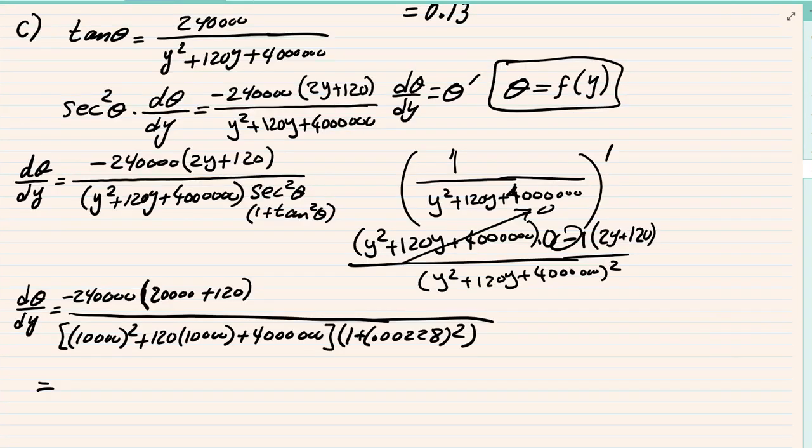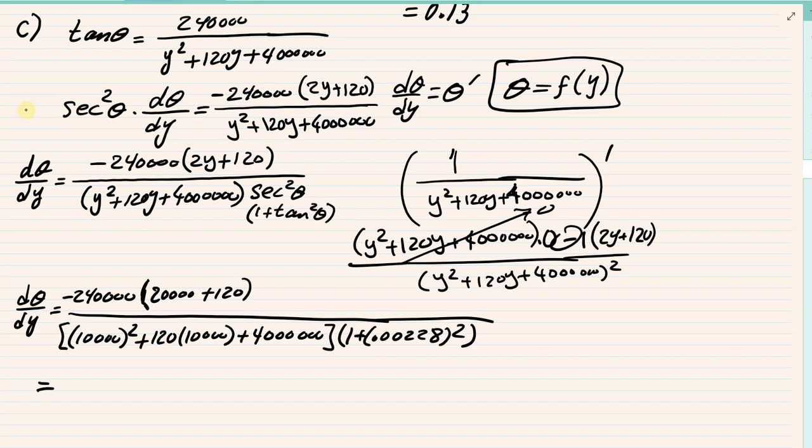Okay, let me make sure I got everything done right before I punch these numbers into my calculator. I took the derivative, and then the derivative of the right side. You know what I didn't do? I did not square the denominator of the right side.